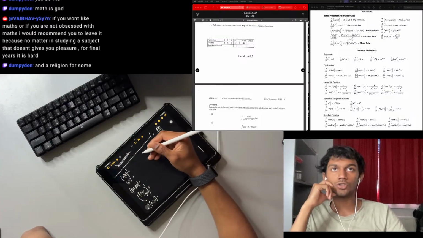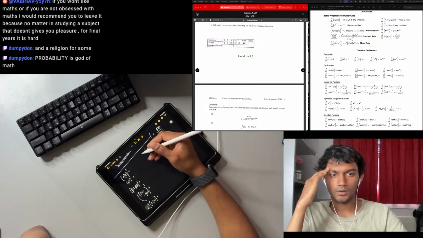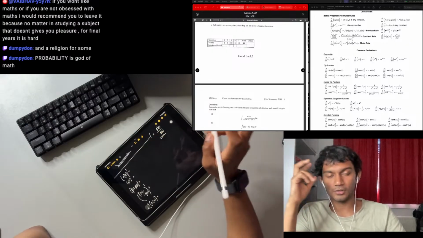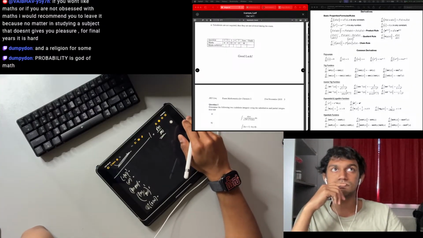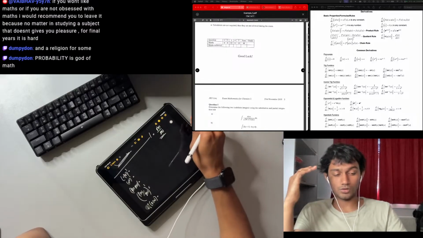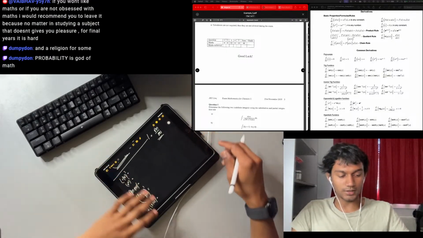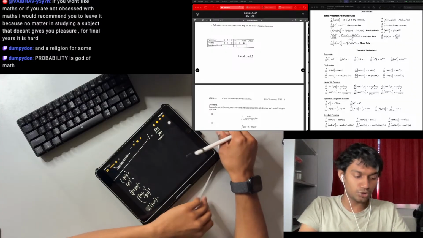Yup. Math is interesting. But there's a what's it called? Oh, why am I talking too much? Uh, probability is god of math. Yeah. There's a stereotype around math saying it is very hard. I could agree a little bit, but come on. Just because it's hard does not mean you can't study math. If you put in the hours, you should be able to.